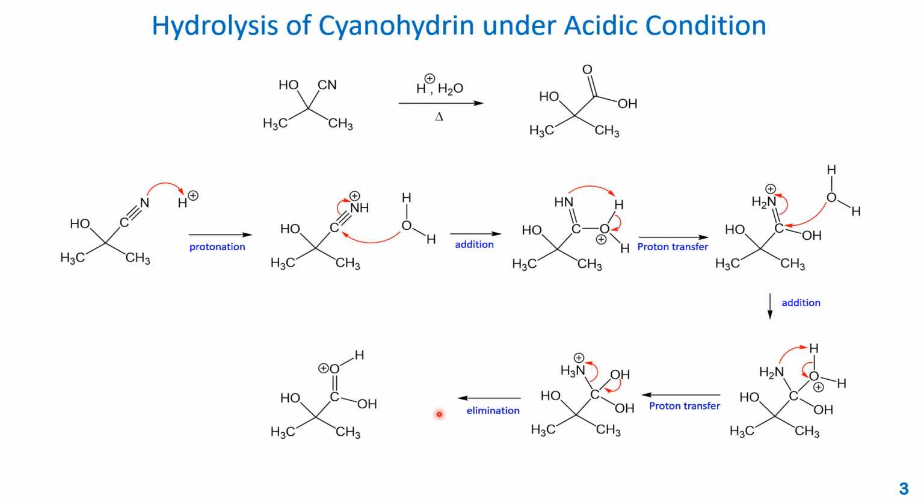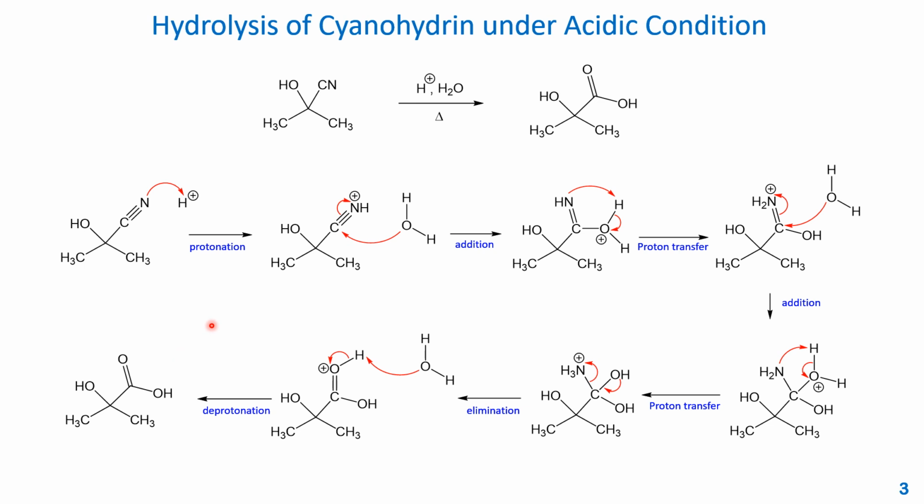So the last step, you just need to deprotonate the proton here. Water now acts as the base, deprotonates the proton, and pushes the electrons back to the oxygen, then the final product is the acid. This is a special acid because you have an alpha hydroxyl group here, so it's called an alpha hydroxy carboxylic acid.